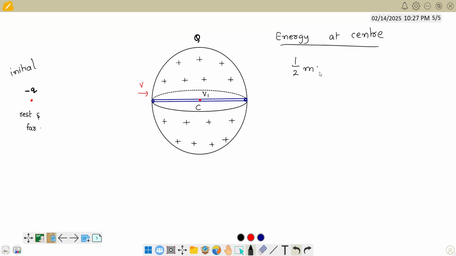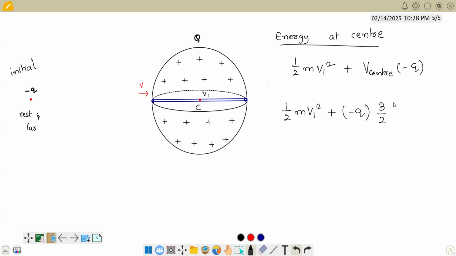So half m into v1 square. This charge traveled here at v and it reached the center now. So half m v1 square plus potential at the center into charge minus q.